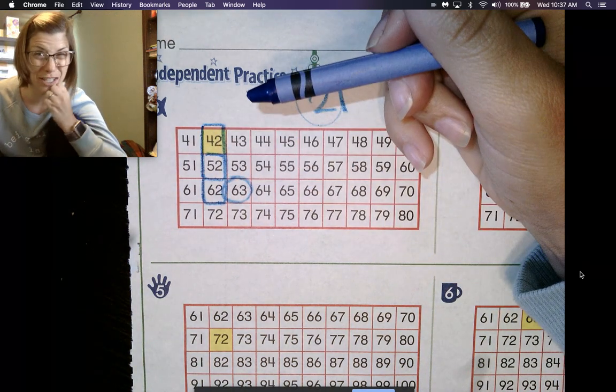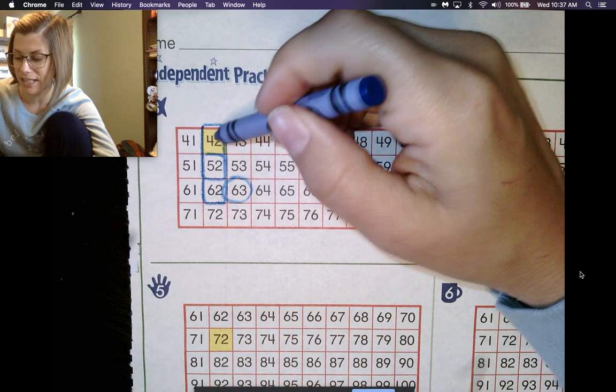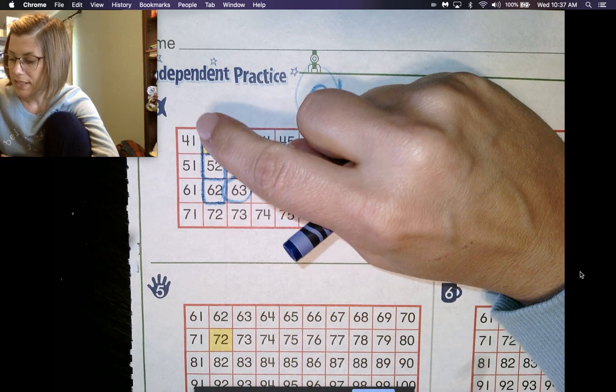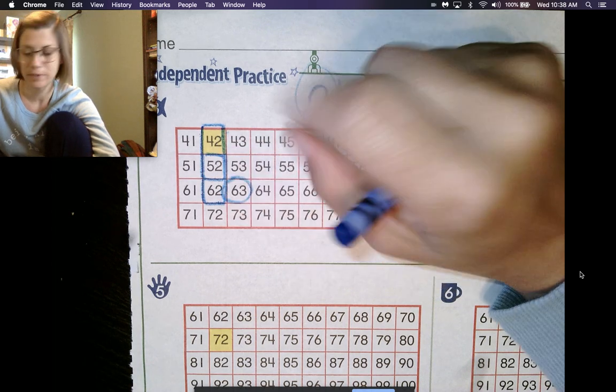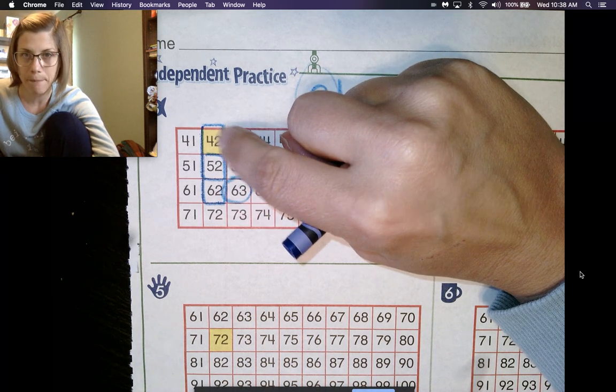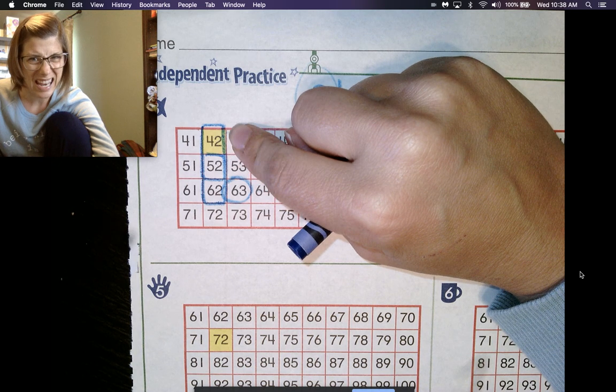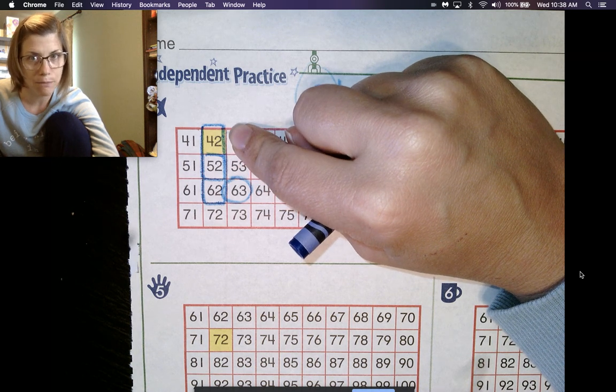Now be careful, because when kids start counting like this, sometimes they touch the starting number and they say 10. Watch. 10, 20. If you touch the number that you start on and you say 10, did you add 10 more to the number? No, you stayed in the same place.